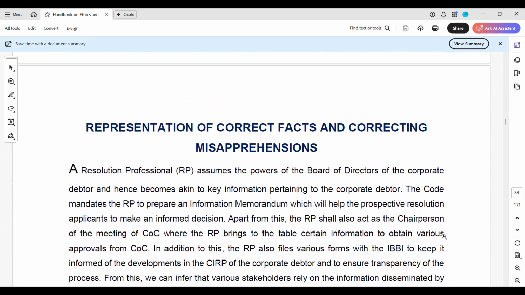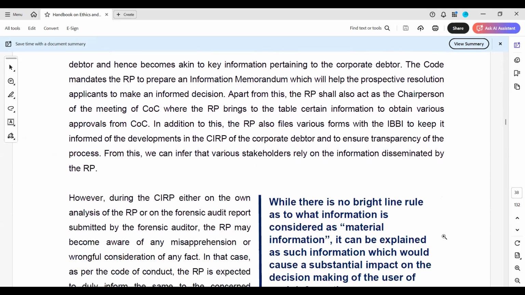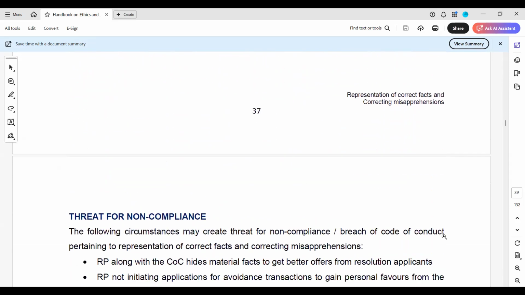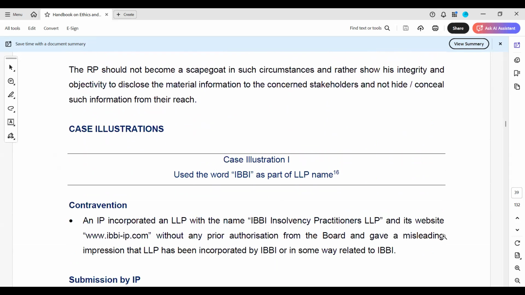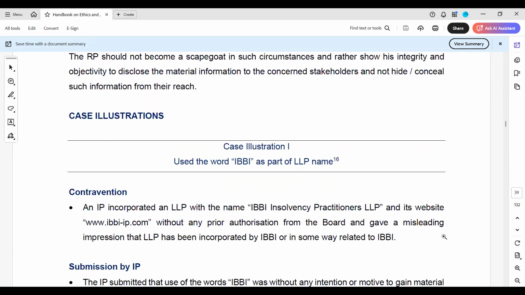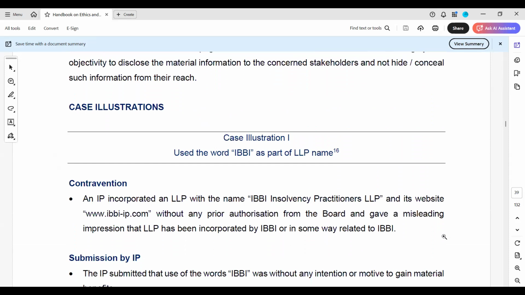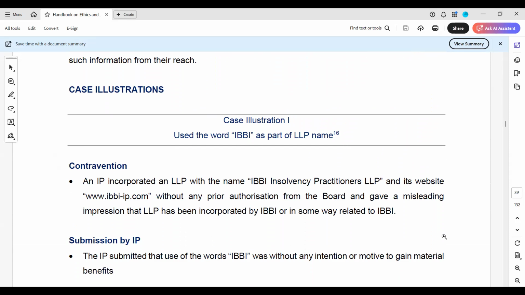Representation of correct facts and correcting misapprehensions. Use of the word IBBI as part of LLP name. An insolvency professional created his LLP and added IBBI to its name, calling it IBBI Insolvency Practitioners LLP, and made the website ibbi-ip.com without any prior authorization from the Board, and gave a misleading impression that the LLP has been incorporated by IBBI or is in some way related to IBBI.